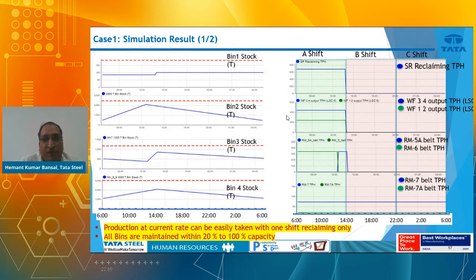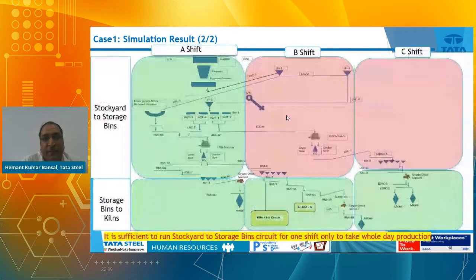So we have to do reclaiming from the stock yard to storage bins only for 1 shift. From the right side chart, you can see only A shift is green, and for B and C shift, all the TPH are equal to 0. We have also maintained in this scenario all the bin stocks at 20% to 100% capacity.